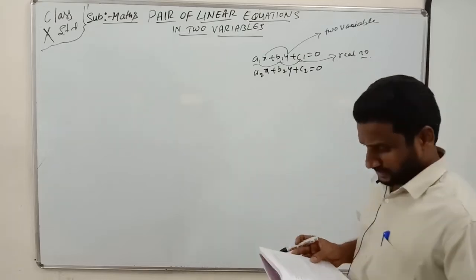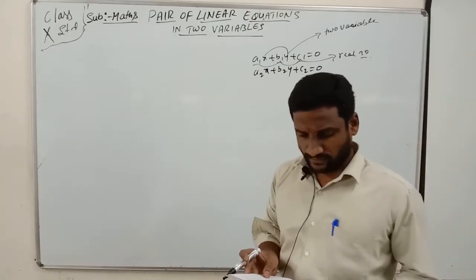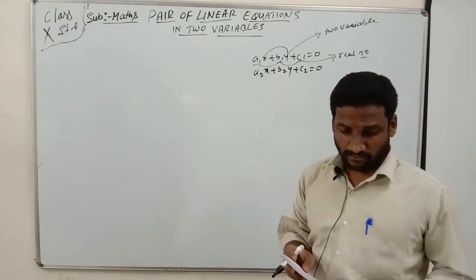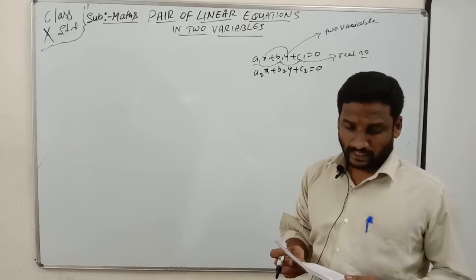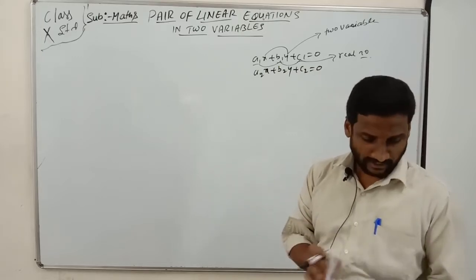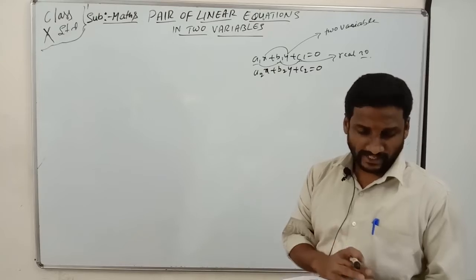So understood here? So a1, a2 and c1 are the real numbers. So this is a pair of linear equation in two variables. So there are different methods to calculate the x and y value.